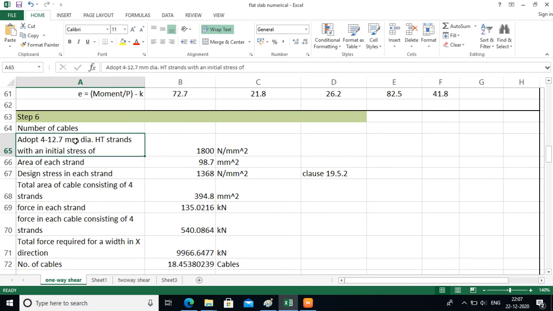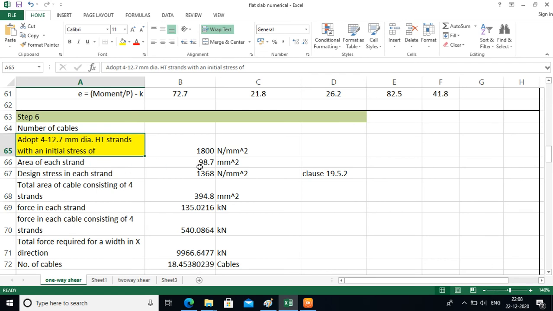Whatever details I have provided over here, 4-12.7, means in this cable 4 strands are there, and the diameter of each strand is 12.7.